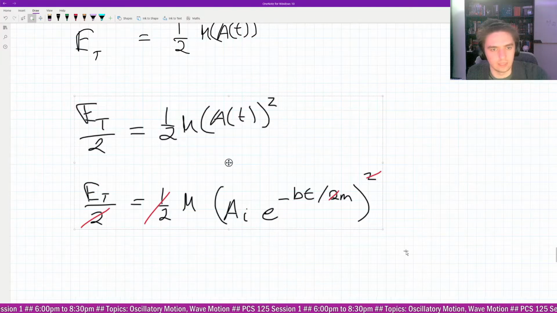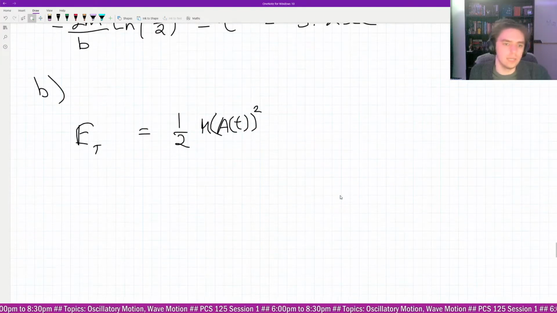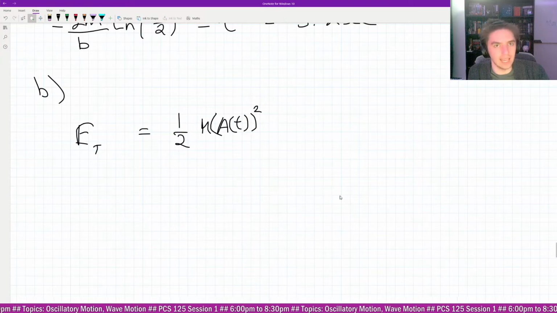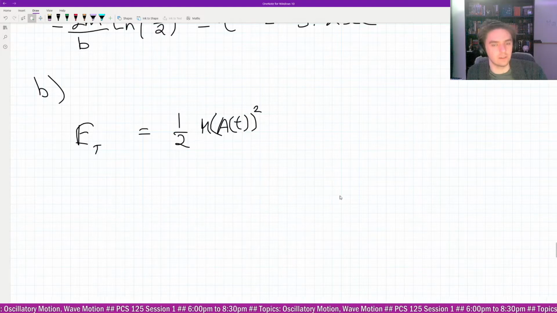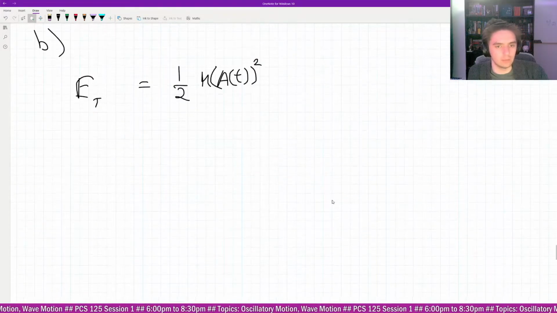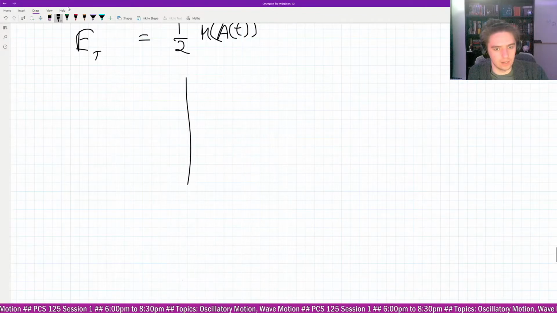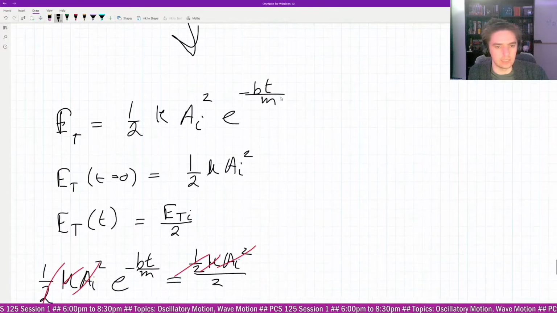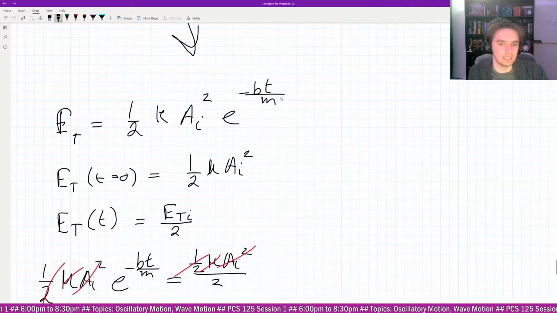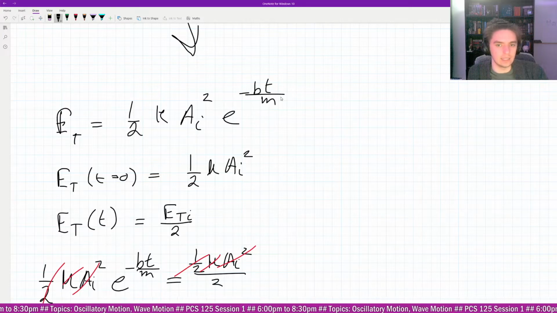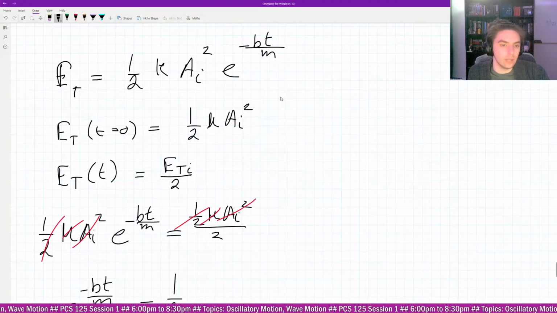So you can think of it like this. E of t is 1/2 k A squared, but A is a function of time. So I can go down here, and this is actually written as a function of time. Because A of t is A_i e to the negative bt over 2m, but this is squared, so it looks like this. Okay, that's the total energy as a function of time.